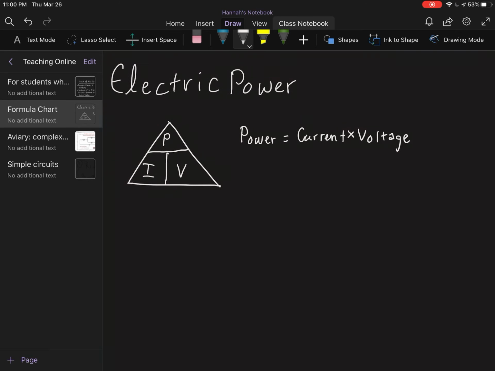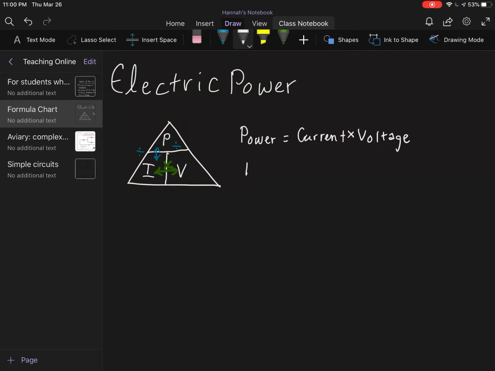Okay, and what we like about these triangles is that they allow us to rearrange without having to really do algebra. So, for example, if they are across from each other, like so, you're multiplying. Whereas if they are one on top of the other, like so, you divide.